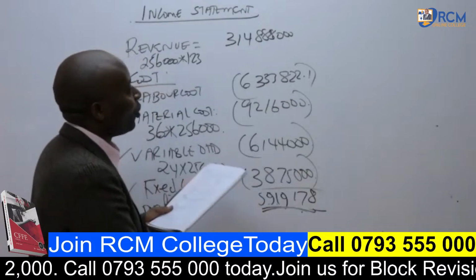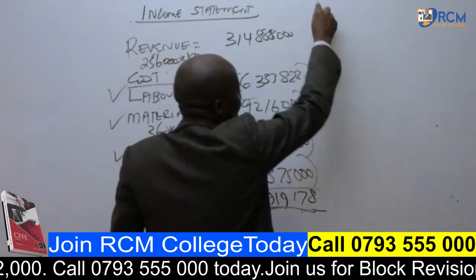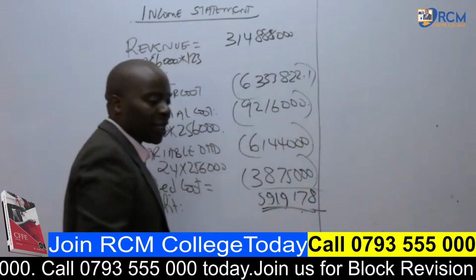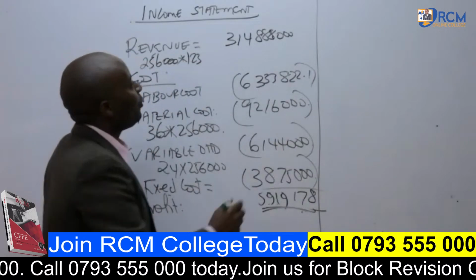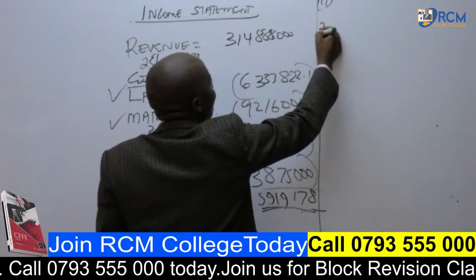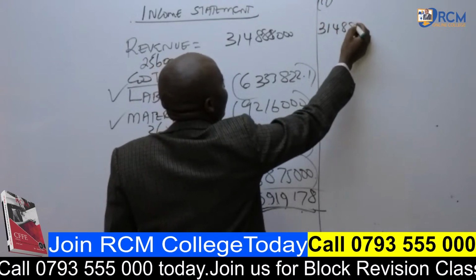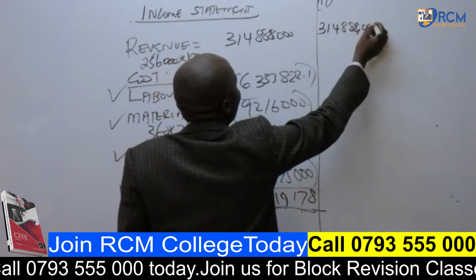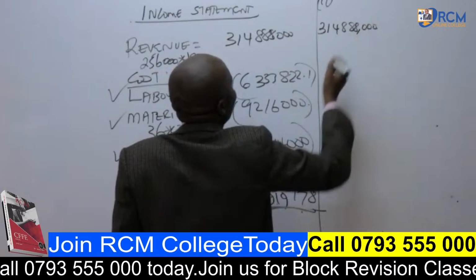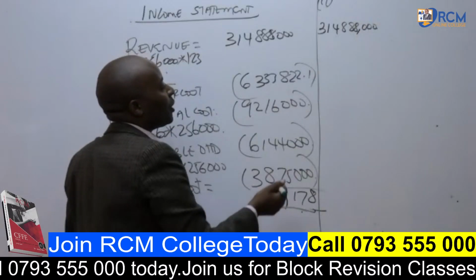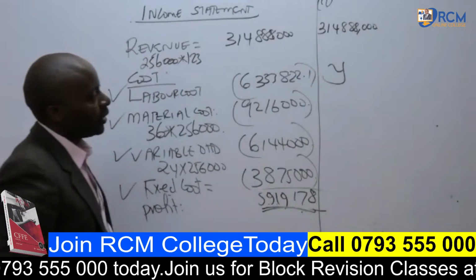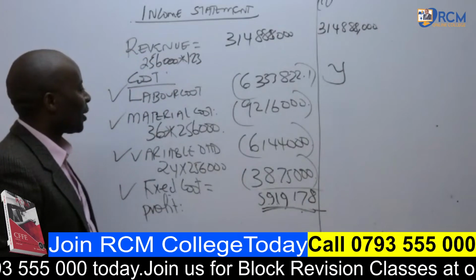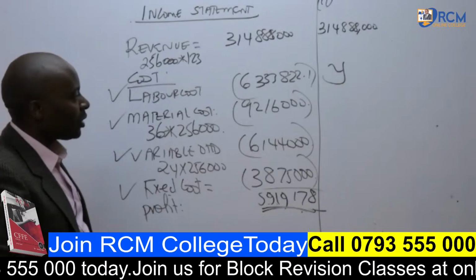All the other things are going to remain the same. Revenue will not be affected because we are still going to produce the 256,000 units. So in Roman 2, my revenue will remain the same, 31,488,000. My labor cost is what I don't know, and labor cost is normally designated by Y. Because this time around R is changing.